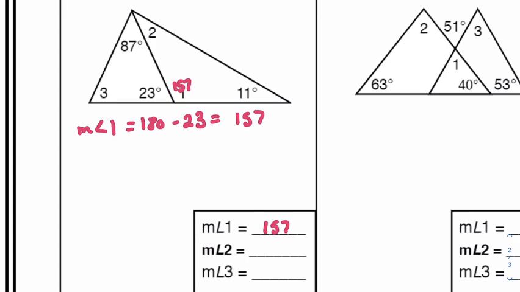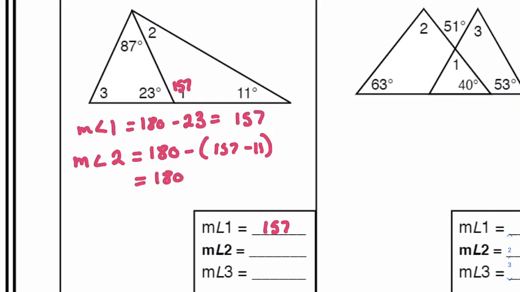Next, let's look for angle 2. Notice that now that we have found the measure of angle 1, we now have 2 of the angle measures within this triangle. And whenever you have at least 2 angle measures in a triangle, you can subtract from 180 to find the third one. So to find angle 2, the first thing we're going to do is add together 157 plus 11, and then we're going to subtract that from 180.